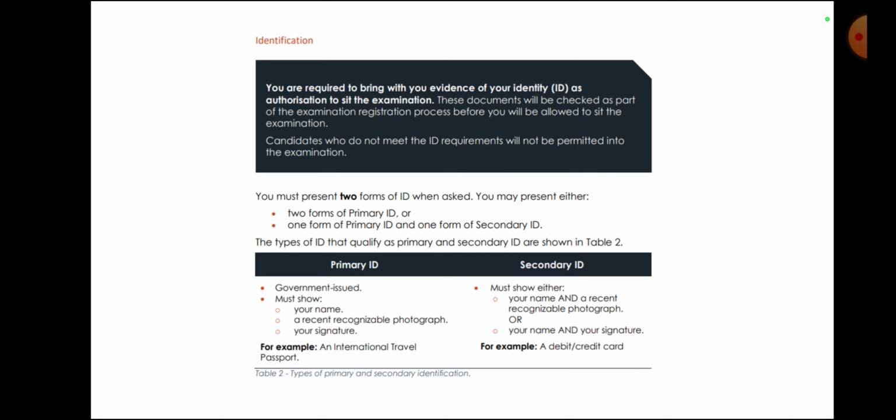For these IDs, usually you can take your PAN card or your license, anything that has your signature, because once you are entering your examination hall, you have to sign digitally and they will cross check that. It should have your full proper name, and the name should be the same as the name that you applied with for your ADC exam. The examples are also given, you can go through that.